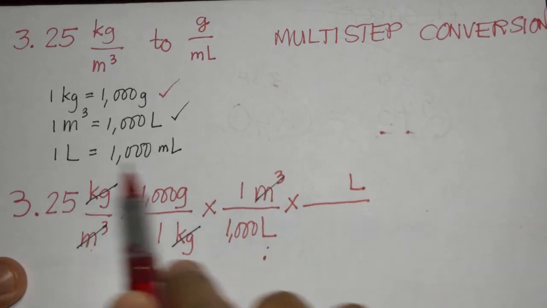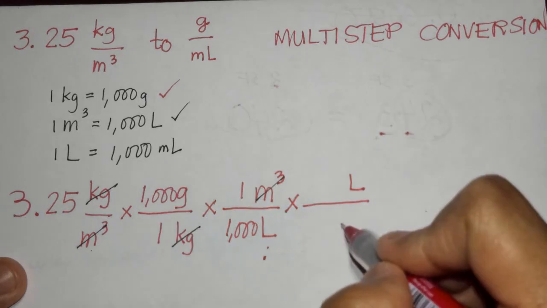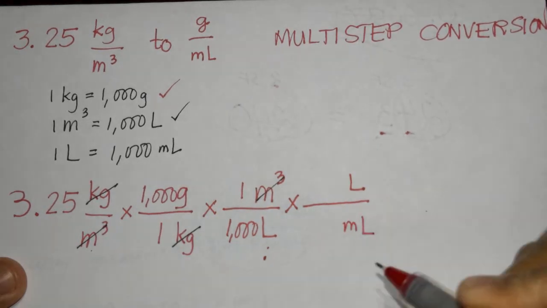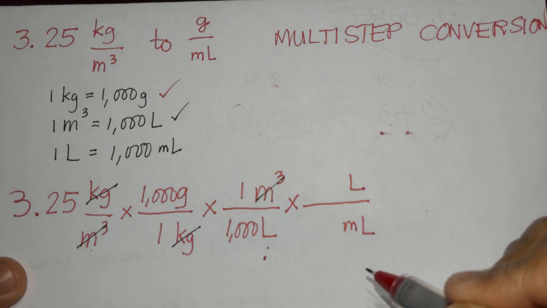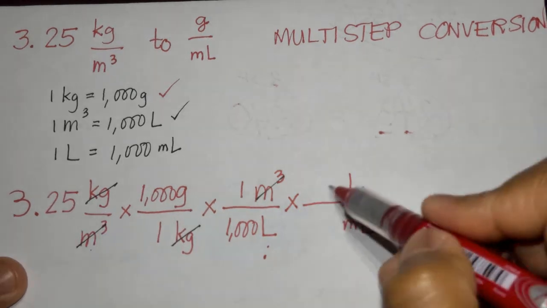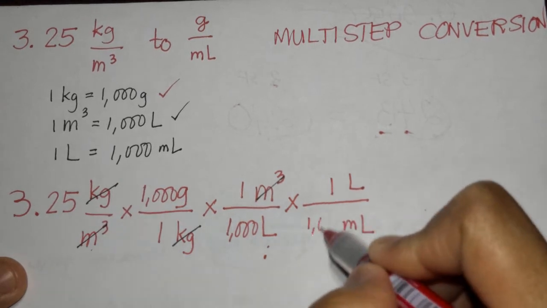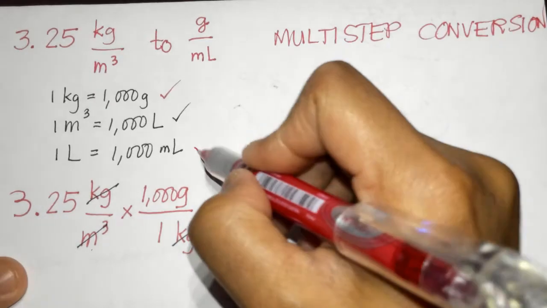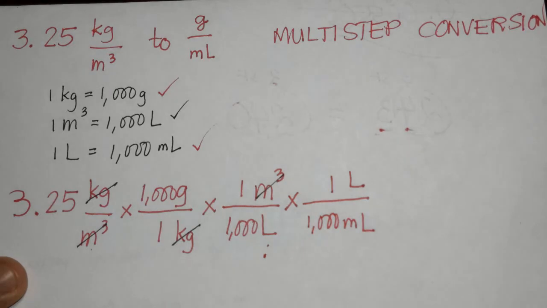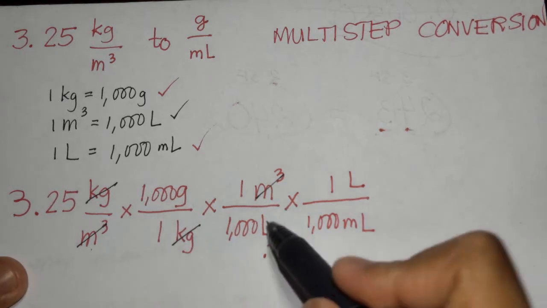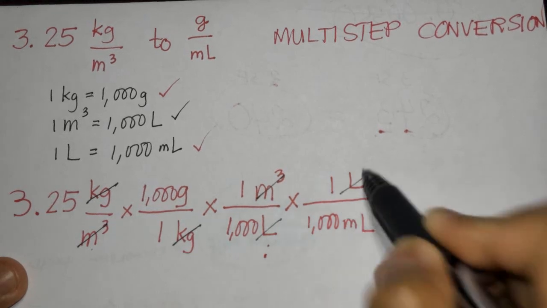So liter on top, the partner ml will be below. Then I copy the values. 1 for the liter, so 1. And then 1,000 for the ml, so I put 1,000 there. And so that completes all my conversion factors being used in one long solution. Just one solution, but long. And then I should not forget that the liter gets to cancel out.